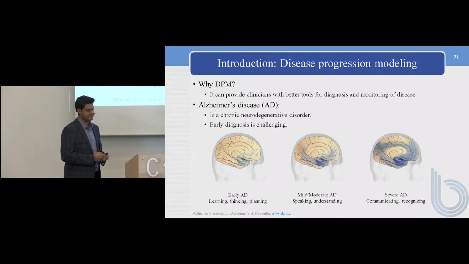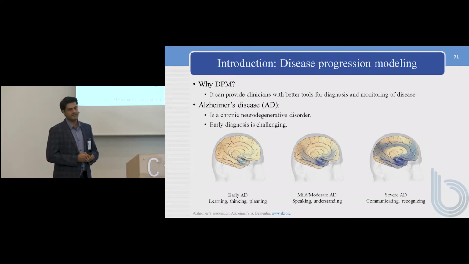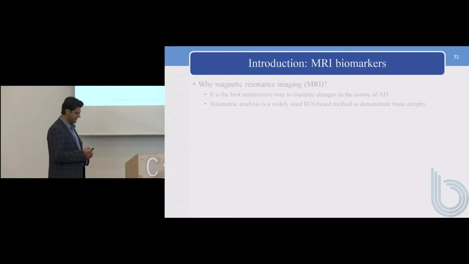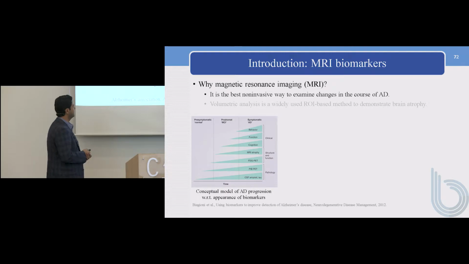Early diagnosis of this disease is very challenging, and it is usually made once cognitive impairment has compromised daily living. As you can see here, early disease affects learning, thinking, and planning, but it's not easy to tell whether it is normal aging, Alzheimer's disease, or different types of disease in the early stage.